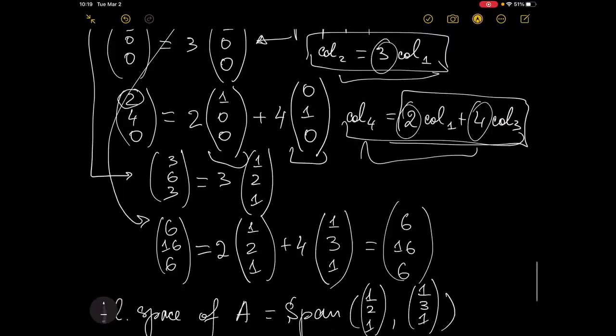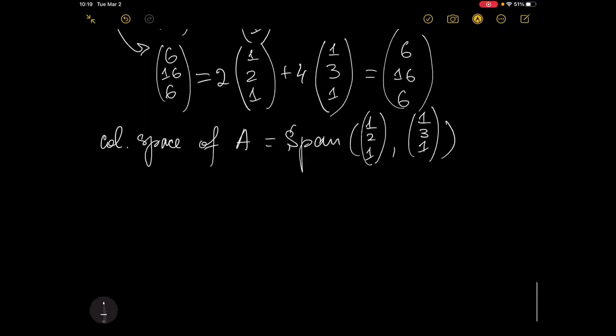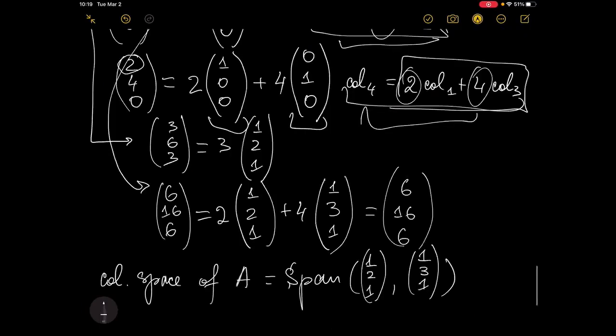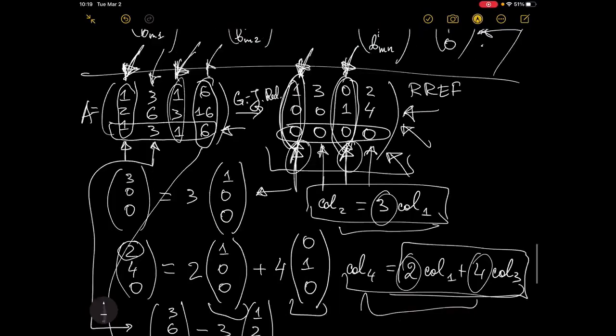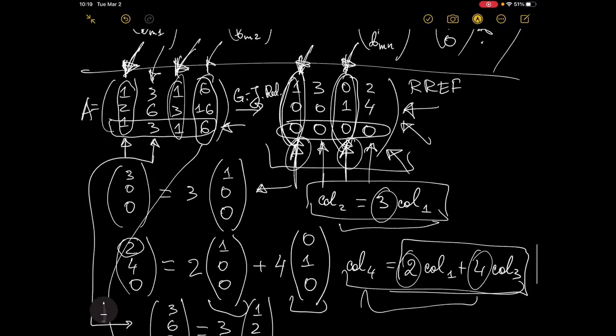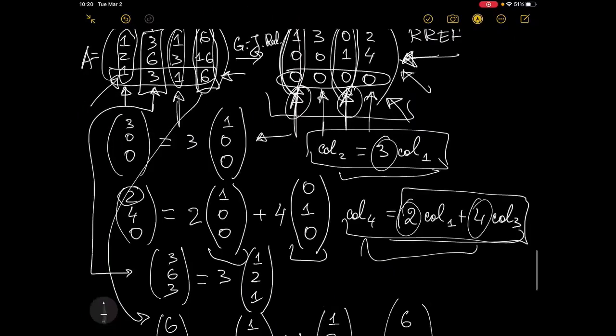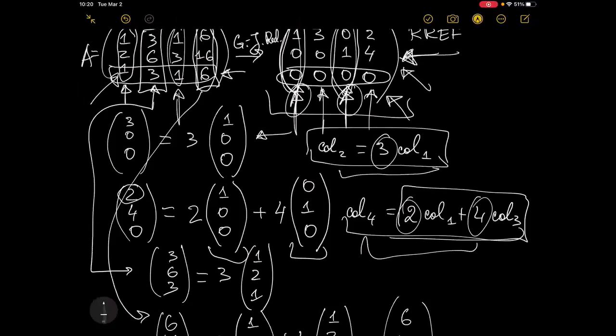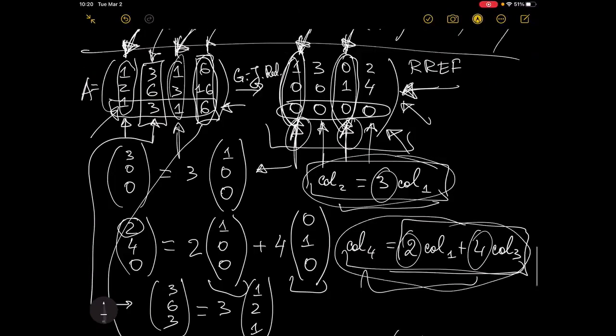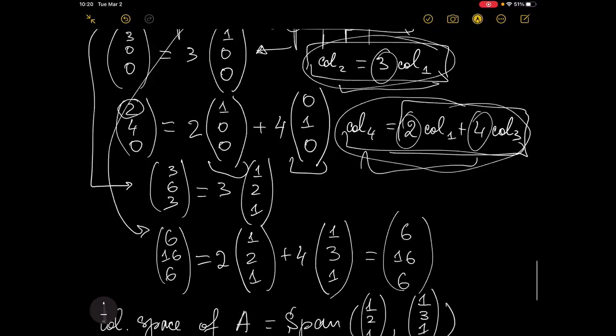Is it clear or not? So, for example, let us suppose that you know just this reduced row echelon form, and you know this column and this column. Then immediately you can reconstruct this column and this column using the same relations as we have for the reduced row echelon form. Is it clear or not?